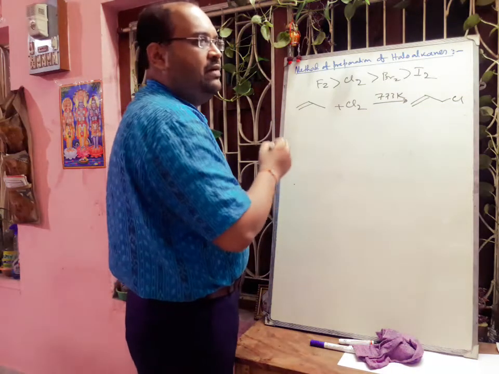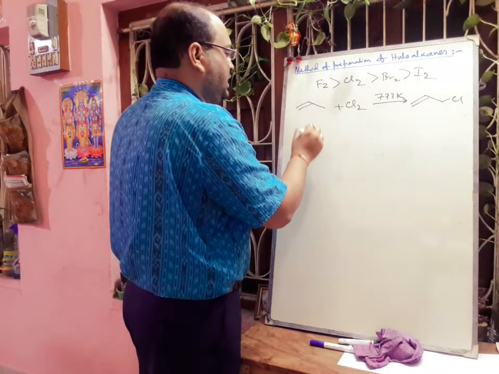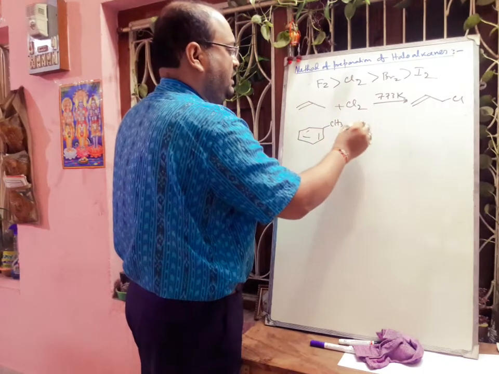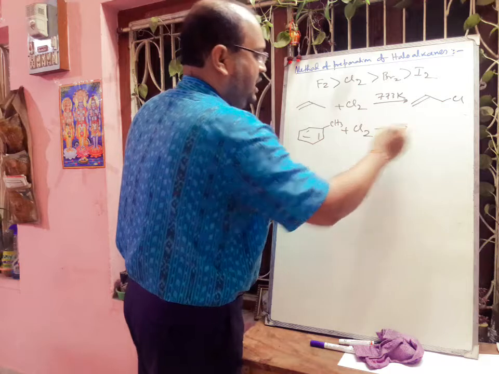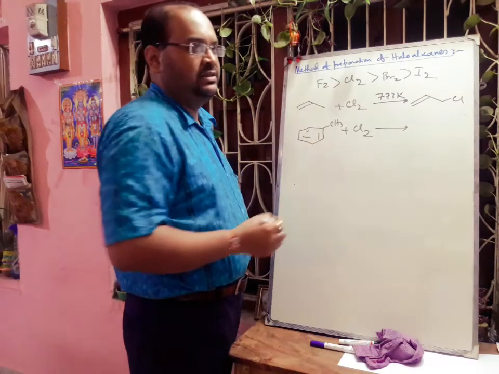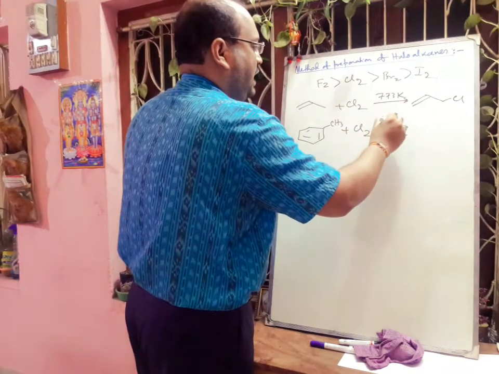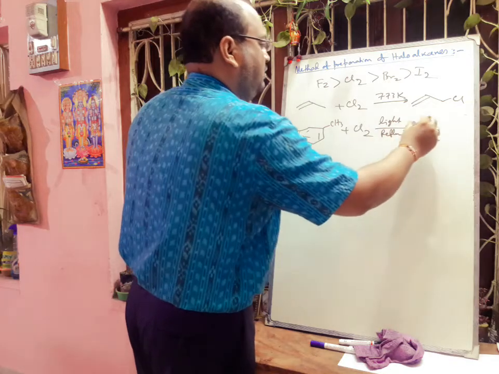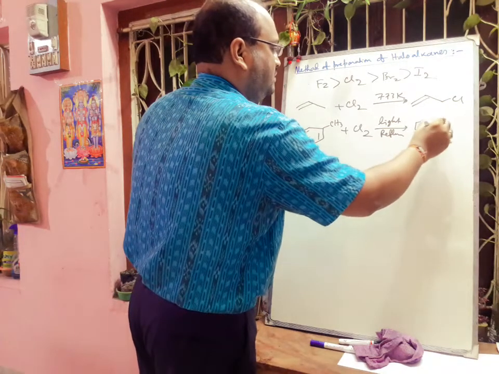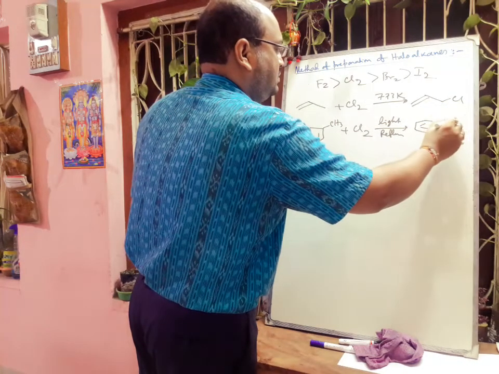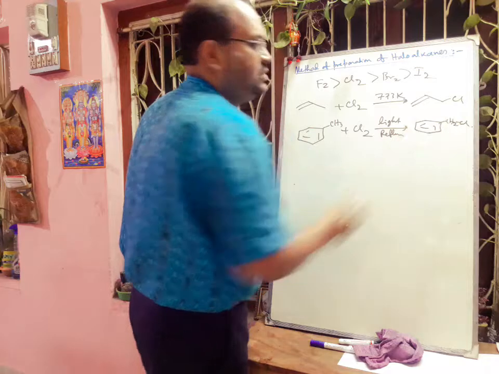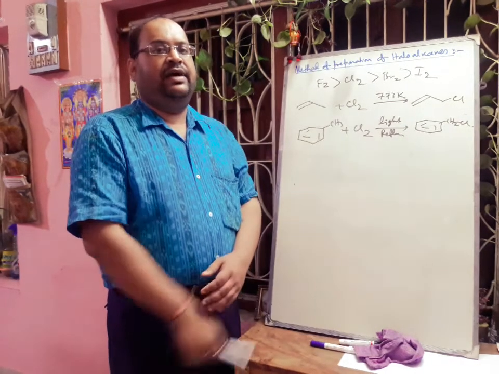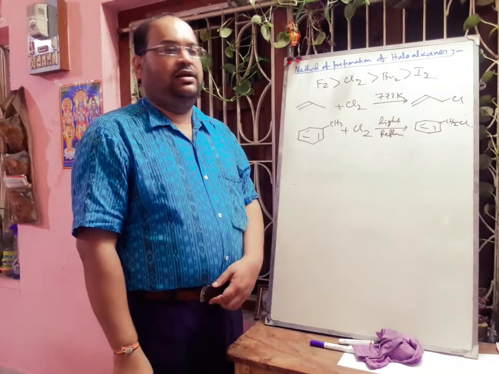If we take benzyl or toluene, then we give chlorine, and if we give light or heat, or reflux with light, then we will get the benzyl product. So in this way we can prepare this type of haloalkanes.